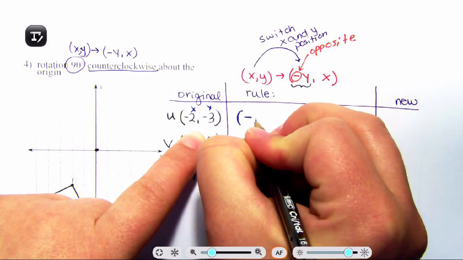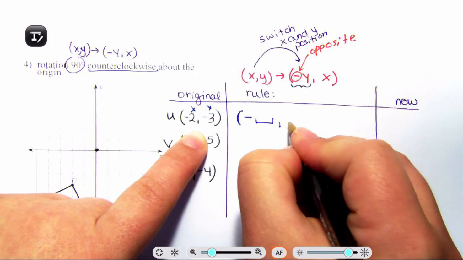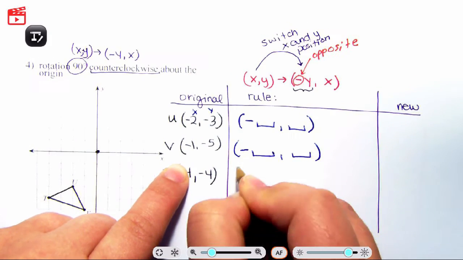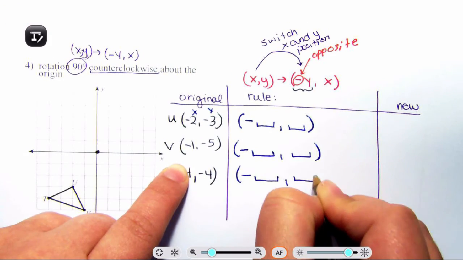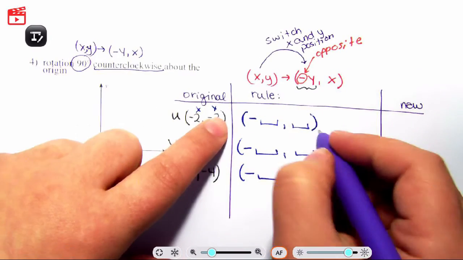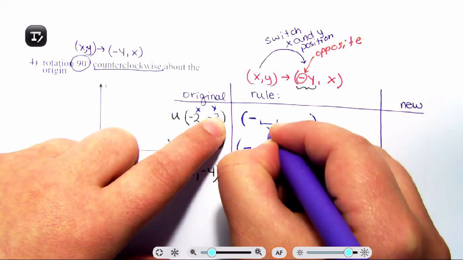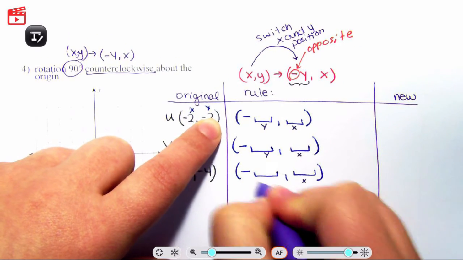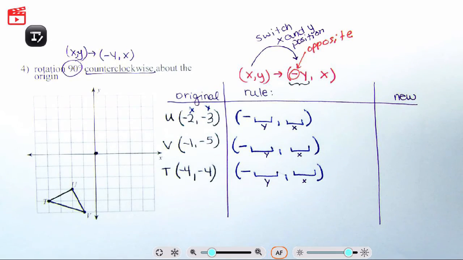You're going to have an opposite of your new y and x. Opposite, opposite. Remember, it's not a negative, it's an opposite. So here's your x, here's your y, but your x is now here, your y is now here. Why are we doing this? Because that's the rule and we're switching your values.